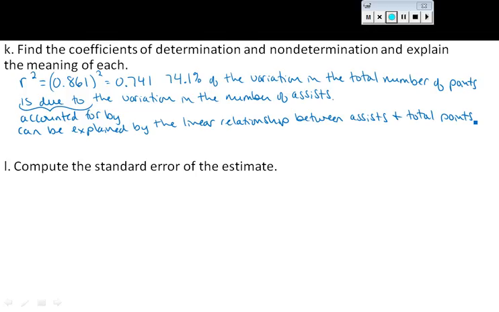The second piece of this is the coefficient of non-determination. Super easy to find. It's just 1 minus the coefficient of determination. Both of these are super easy to find.